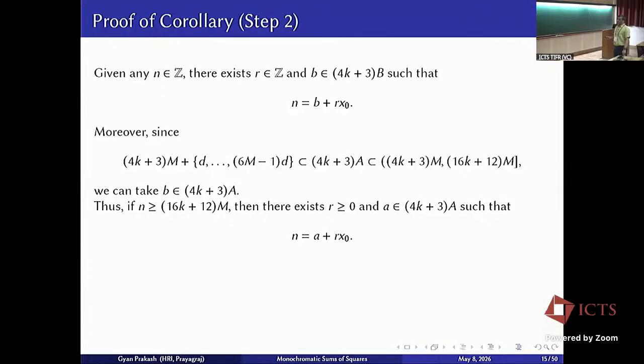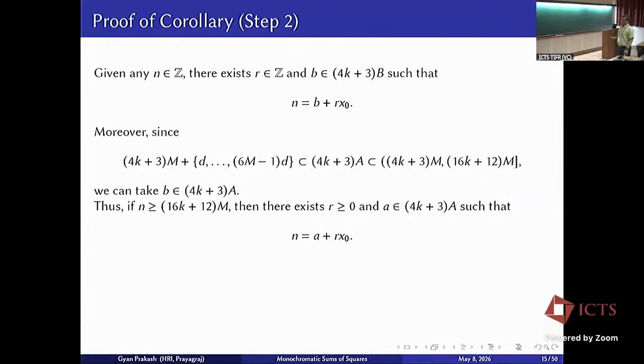By taking this n to be bigger than or equal to B. But B, I don't know which element I need to take. That will depend upon the choice of n. But anyway, I know that this B belongs to this 4k plus 3a, and this 4k plus 3a is contained in this interval. So if I take n to be greater than or equal to the maximum of this interval, I am assured that this R is positive.